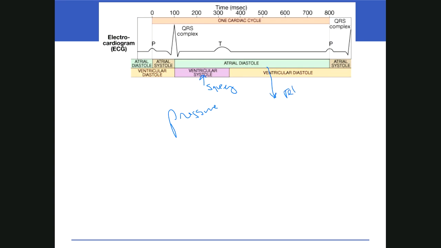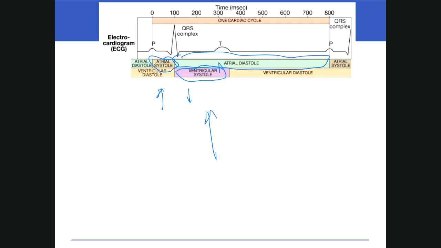And that's exactly what we're going to see. So during atrial systole, we should see atrial pressure go up. During atrial diastole, we should see atrial pressure go down. During ventricular systole, we should see pressure go up. And during the ventricular diastole, we should see pressure go down.